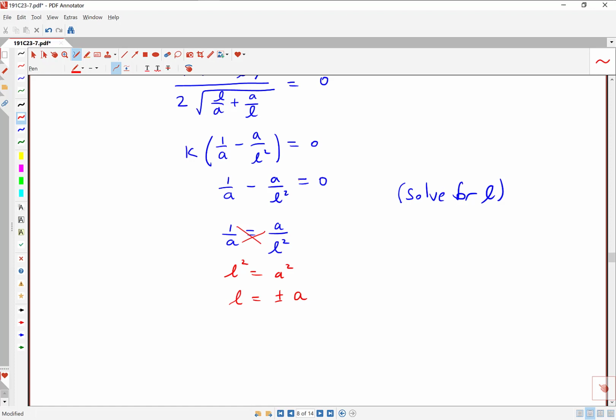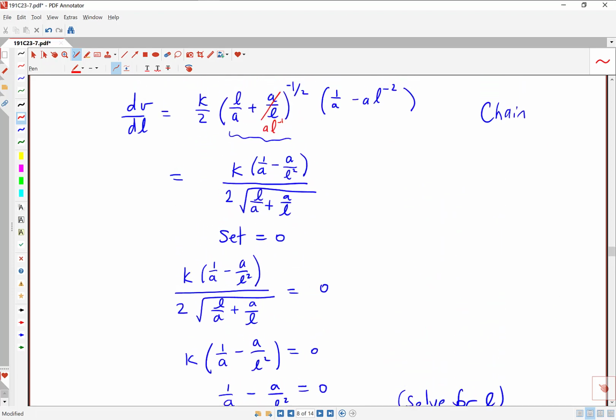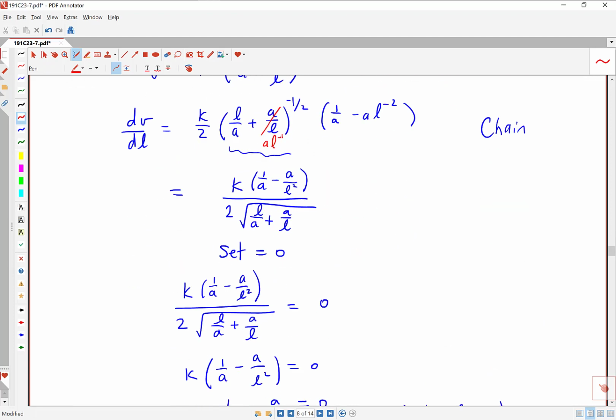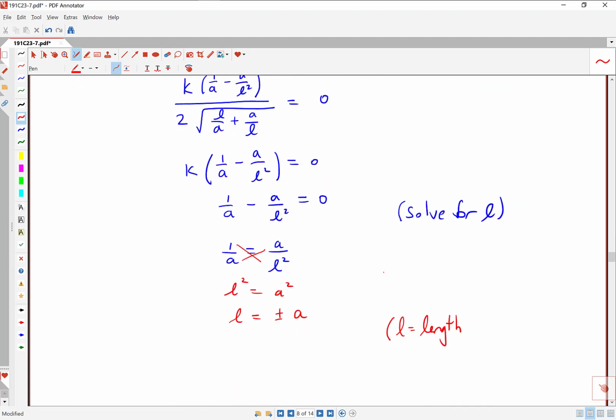But if we think about the physics of the situation, L is a length. So let's see, we were told that in the problem. L is a length. We're given that right here. So based on our physical intuition, we should have the idea that L should be a positive number.